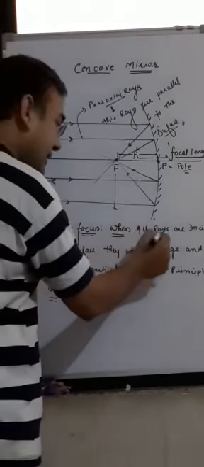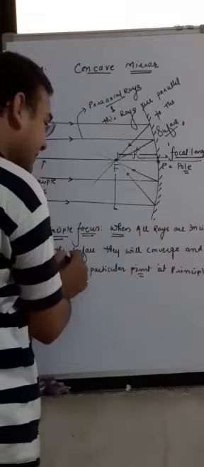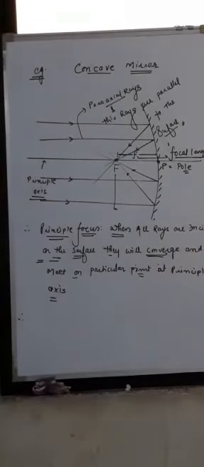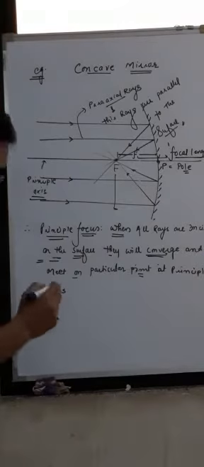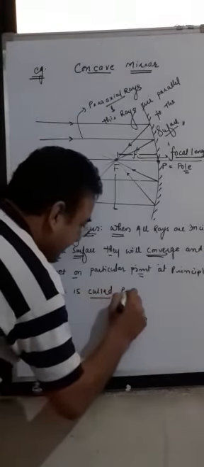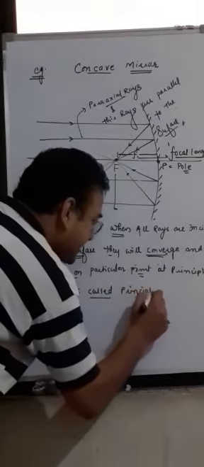So when all rays incident on the surface converge and meet at a particular point on the principal axis, that point is called the principal focus.